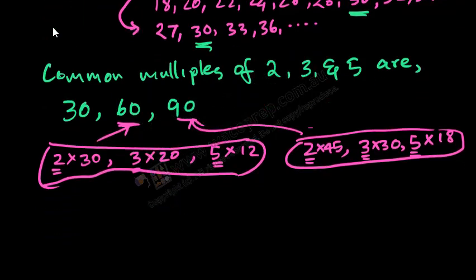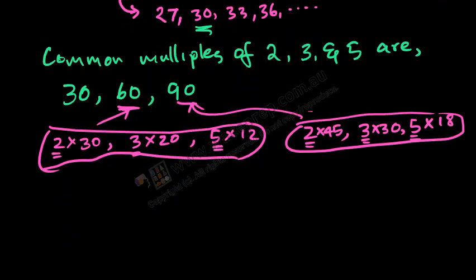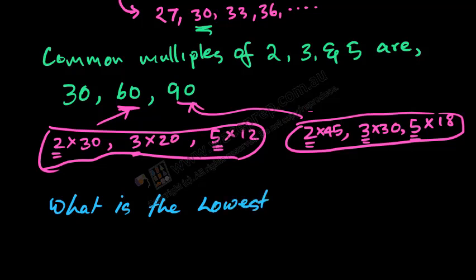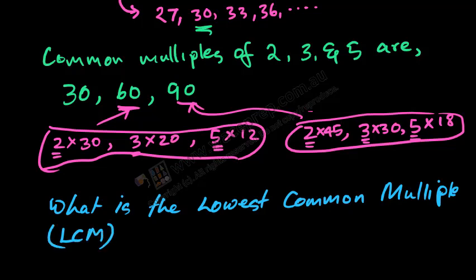Now finally we will have just one more extension, and that is what is the lowest common multiple, or LCM as it's commonly known, of 2, 3 and 5.